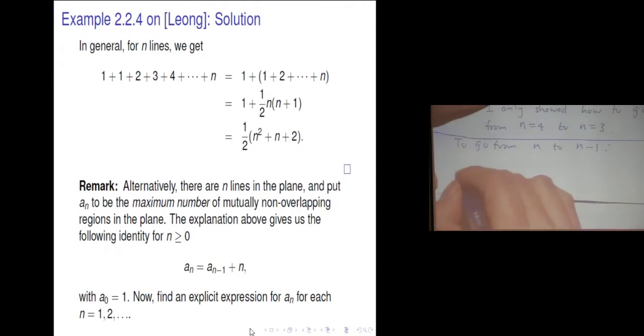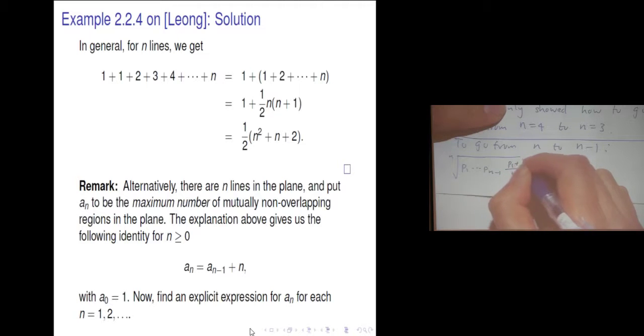You look at the nth root of p1 dot dot dot pn minus 1, and for the last one, you replace pn by the average of the n minus 1 numbers.